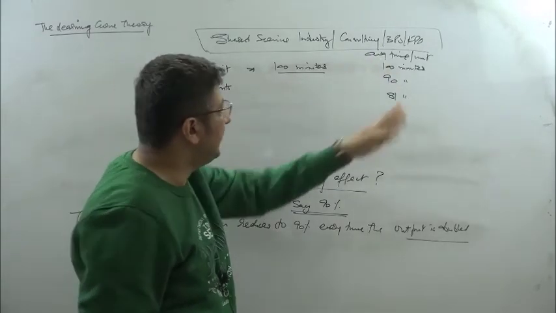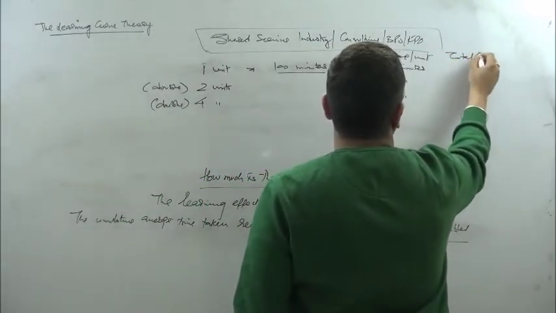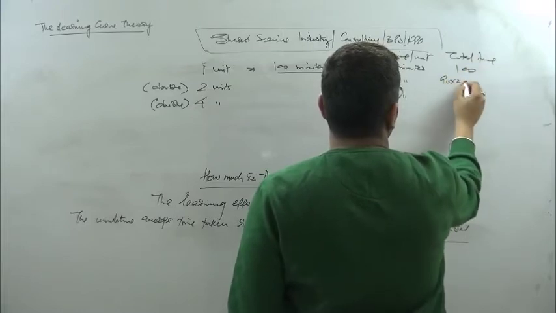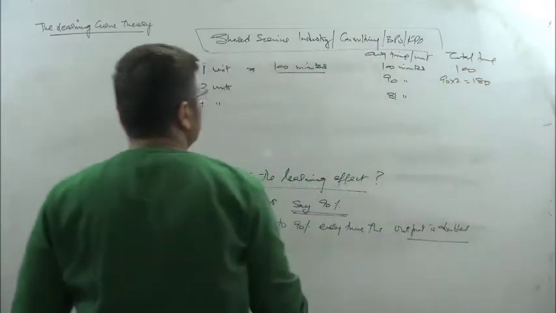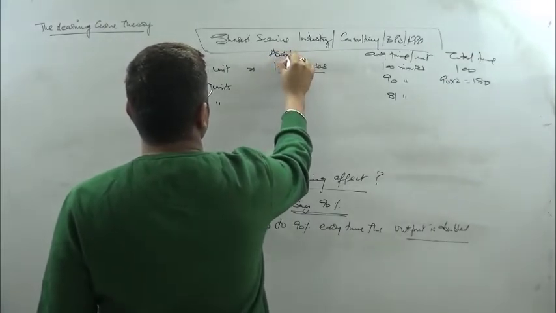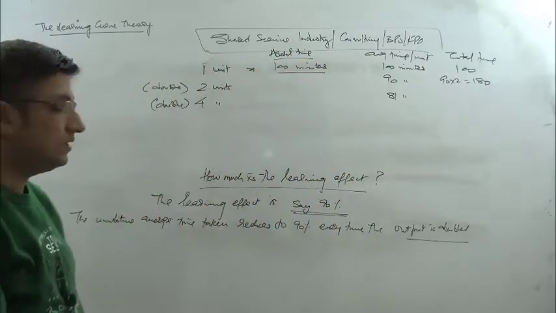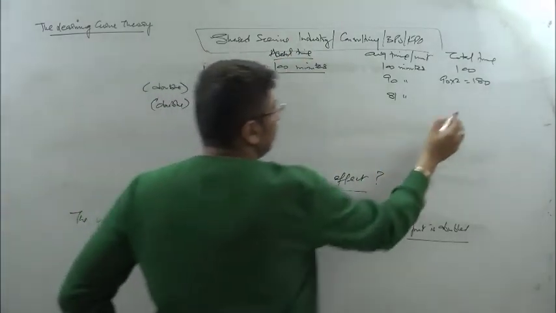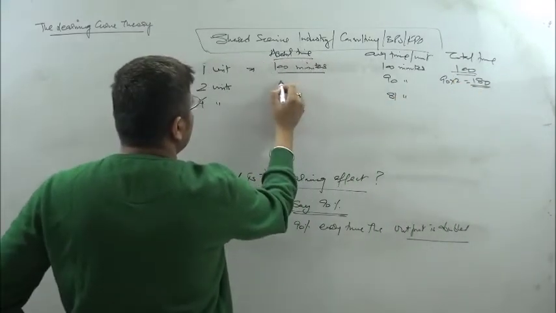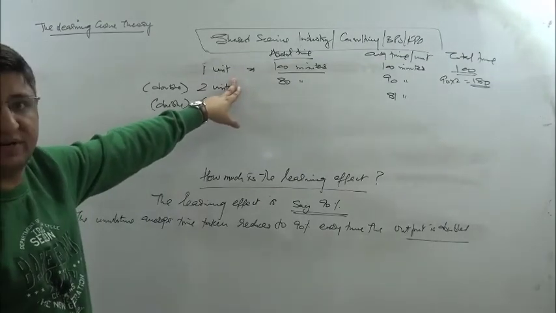Now if I take my total time, here it is 100, and this is 90 into 2, that is 180, which means that the moment I double the output, if this is 180 for 2 and this is 100 for 1, I'm taking 80 minutes more to produce my second unit here, right?